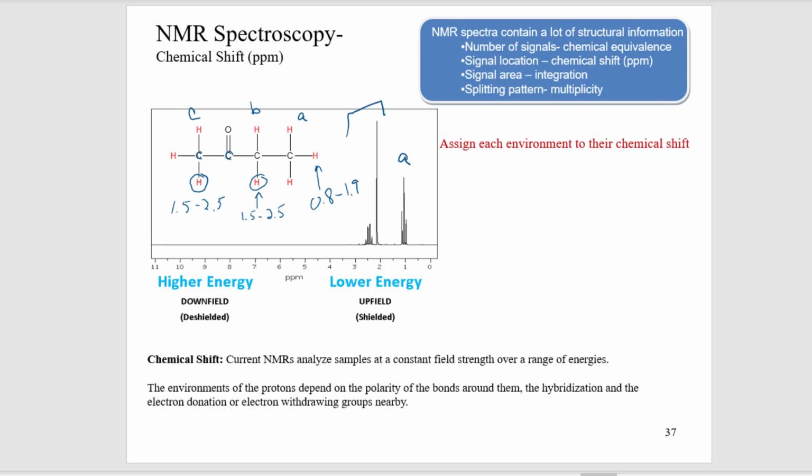One of them is just above 2 and one of them is just above 2.5, and it could be either one, so I'm not sure which one is which. I can't seem to assign those quite yet, but I've got it narrowed down a little bit. We need to learn a little bit more in order to continue.